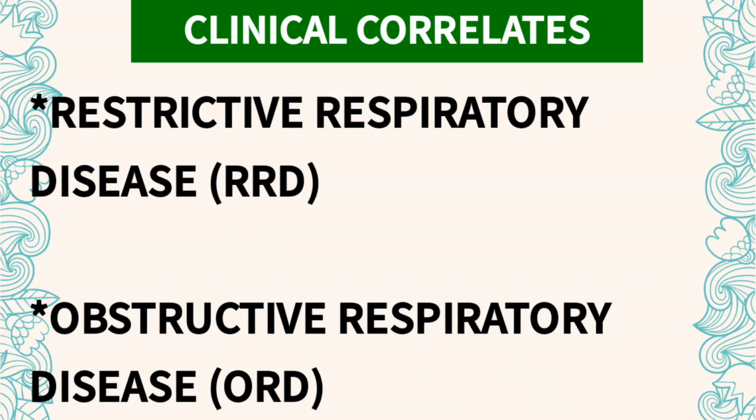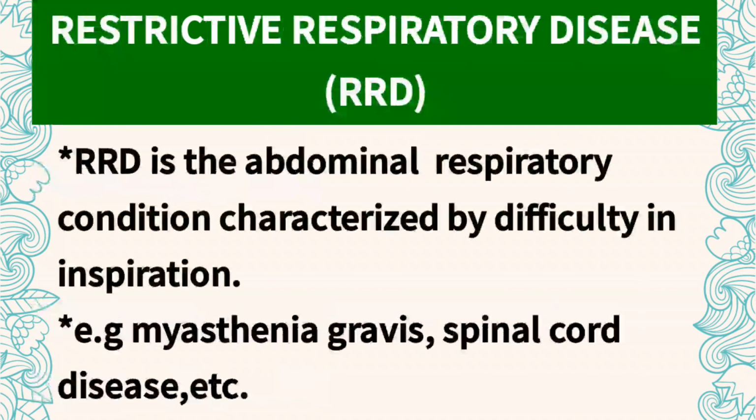The first one is the restrictive respiratory disease, and the second one is the obstructive respiratory disease. We shall be discussing these two respectively, starting from the first one. The restrictive respiratory disease, RRD, is the abnormal respiratory condition that is characterized by difficulty in inspiration.